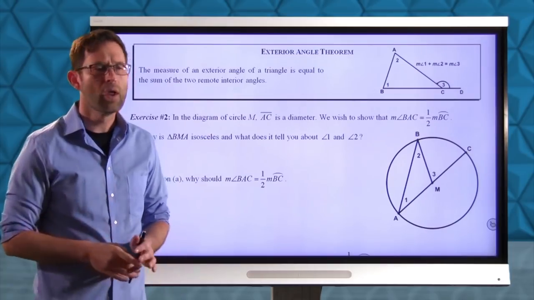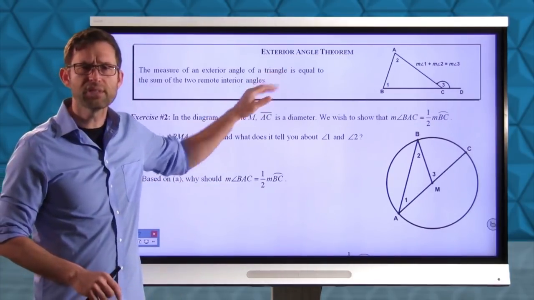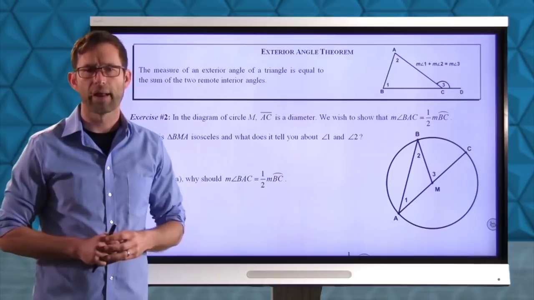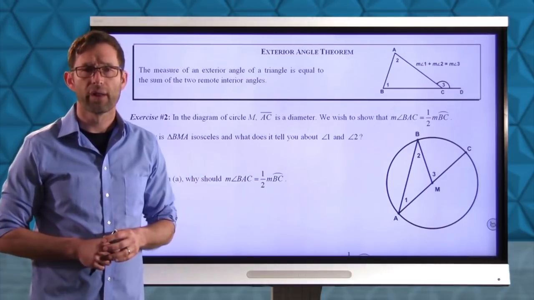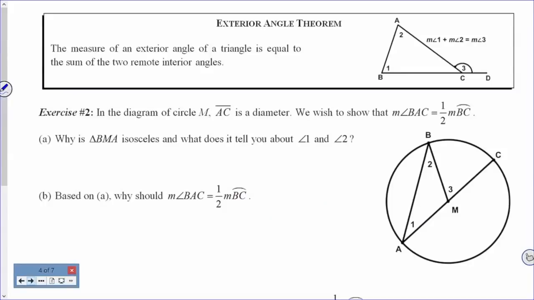Before we do that, though, we have to review a theorem that we haven't seen for a little while. It's called the exterior angle theorem. We've used this a few times, but recall what it says. The measure of an exterior angle of a triangle is equal to the sum of the two remote interior angles.